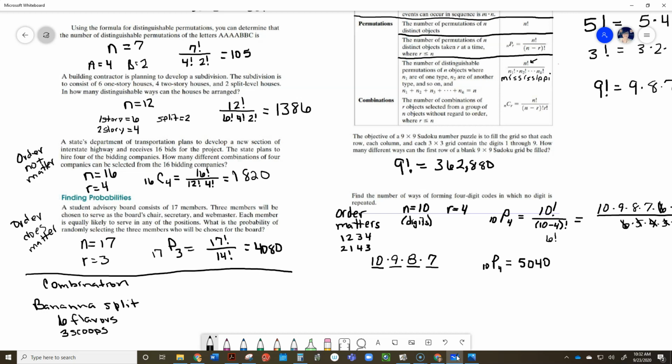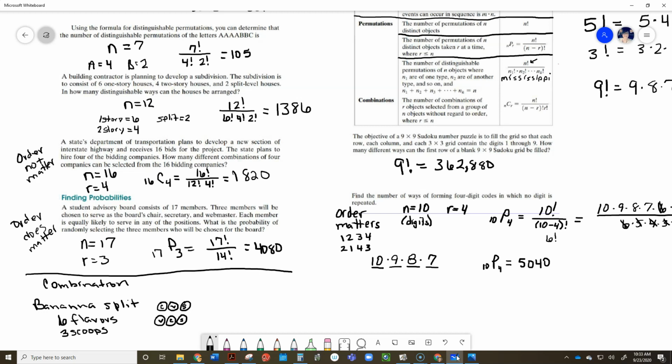Okay, you can get 3 scoops. Well, do you have the same banana split if this is chocolate, this is vanilla, and this is strawberry, versus this one being vanilla, this one being chocolate, and this one being strawberry? Is that the same banana split?